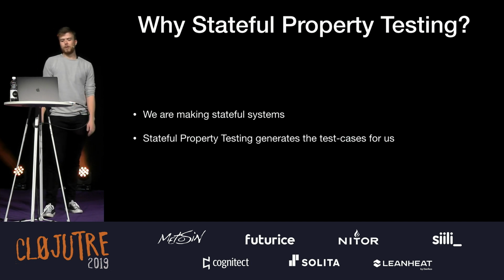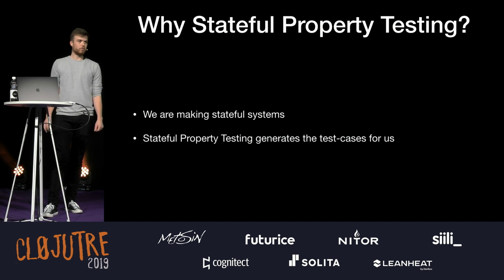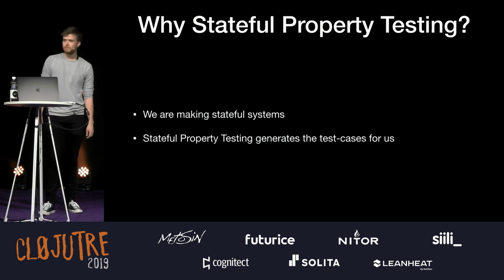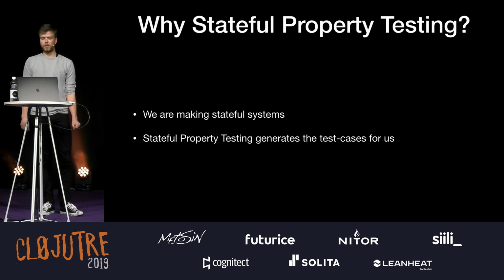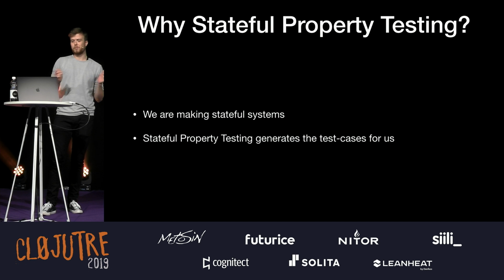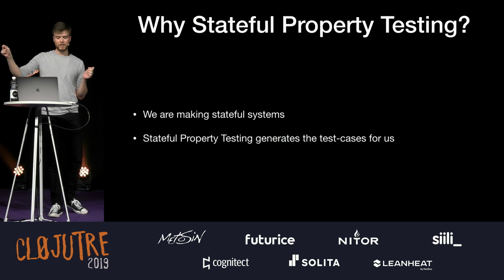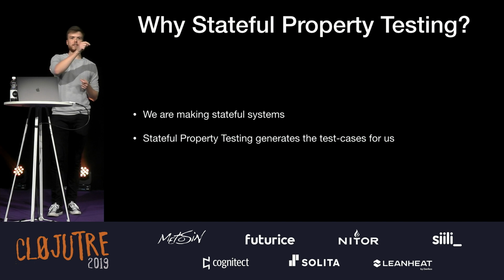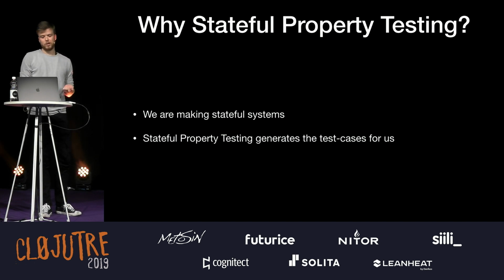And there exist some really cool examples of real-world usages of stateful property testing. My favorite one is from a database called LevelDB, which is developed by Google. Here they found a bug that only occurred after making a total of 17 API calls to the database, one after another. This was done by letting the testing framework generate a bunch of operations that it then ran against the database, followed by verifying that the results were correct.